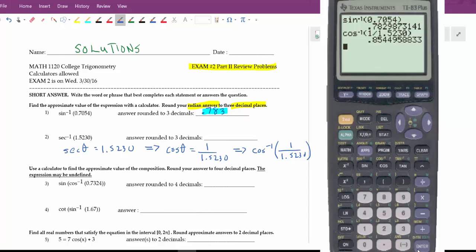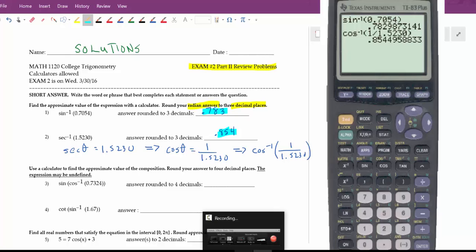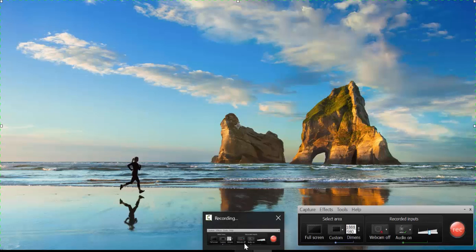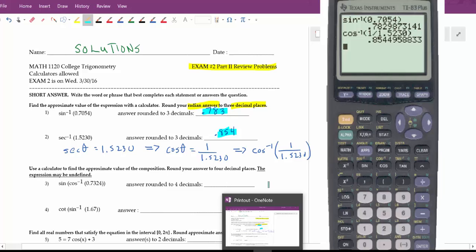Okay, all right, so we'll write that answer as 0.854, so that's rounded off. So that's an example of how you would do a basic inverse sine, cosine, or tangent, any of those, okay?